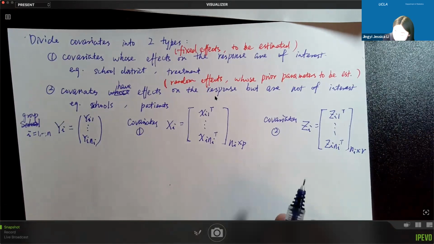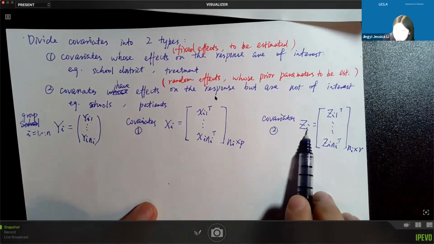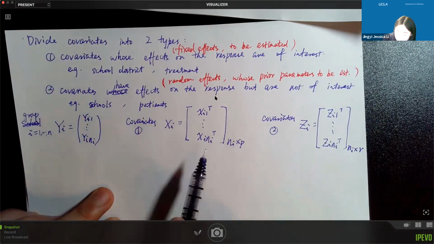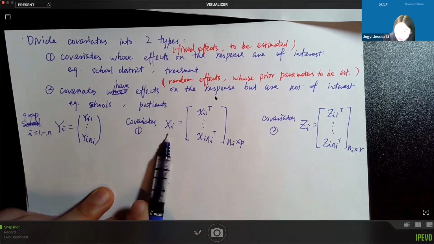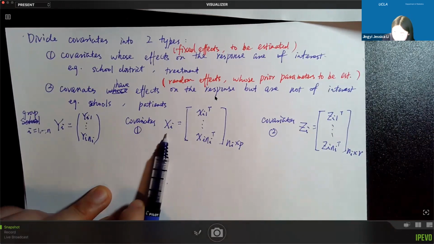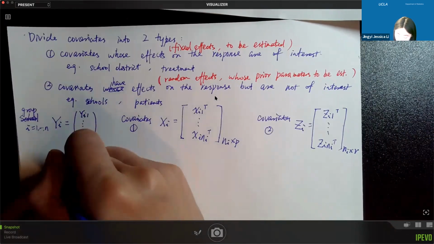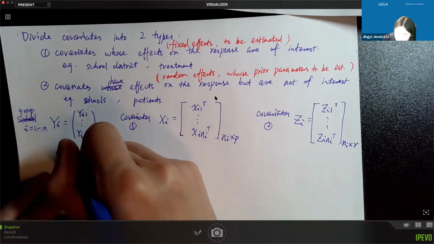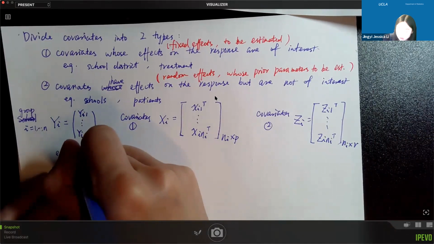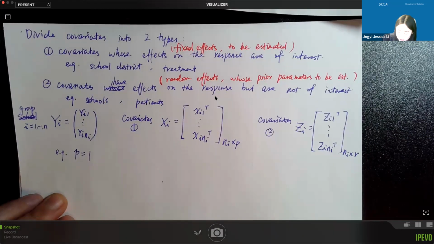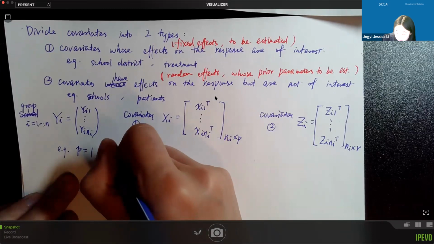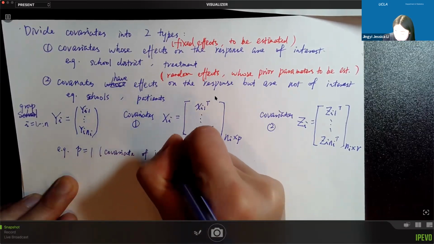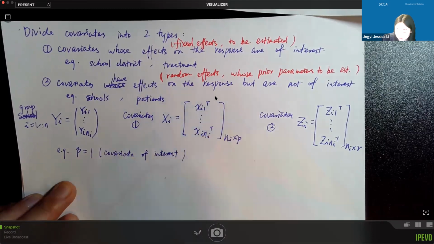Let me give you some intuition about this. In the school example and the other example, X_i will just be one column, containing just the covariate of interest, like the school district or the treatment.